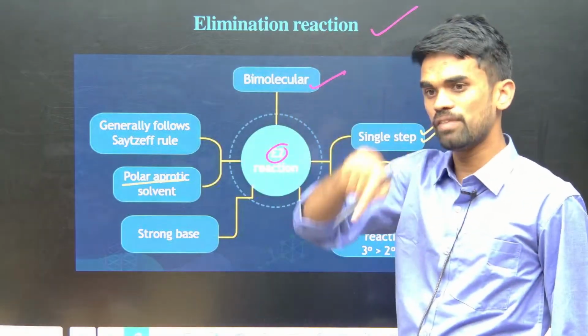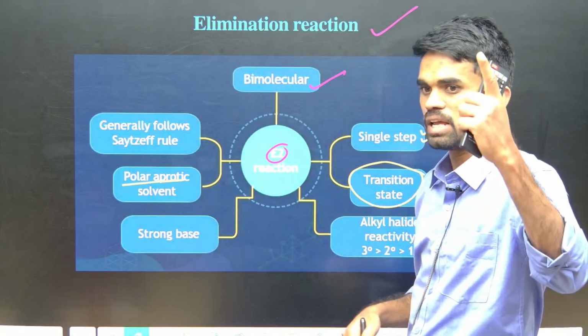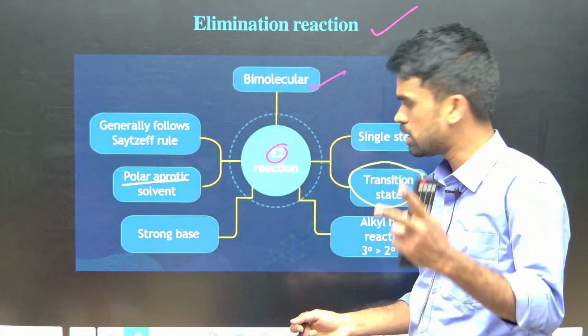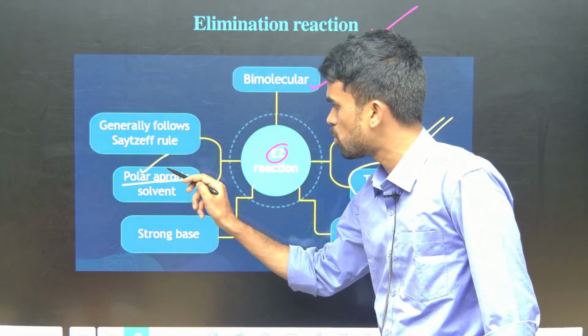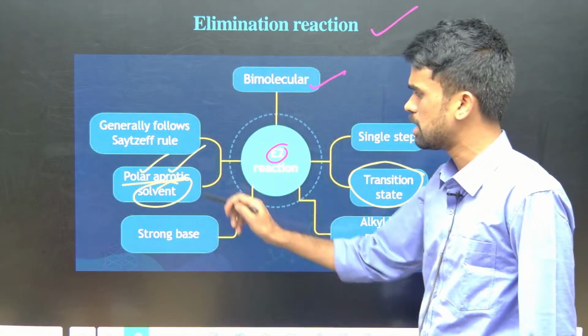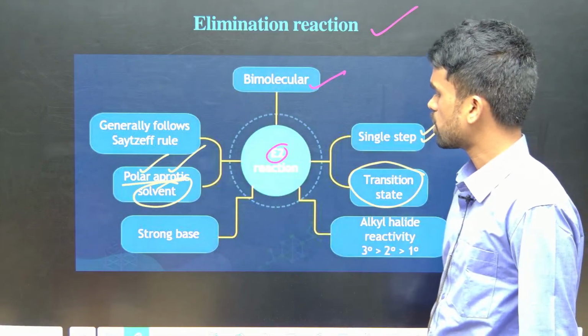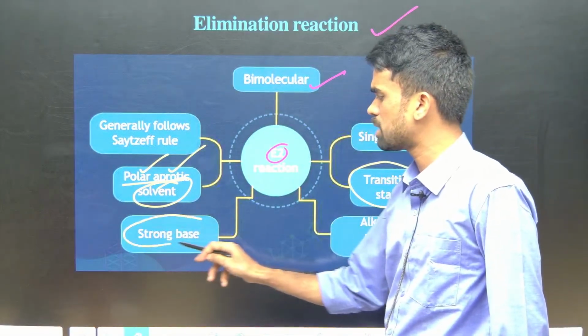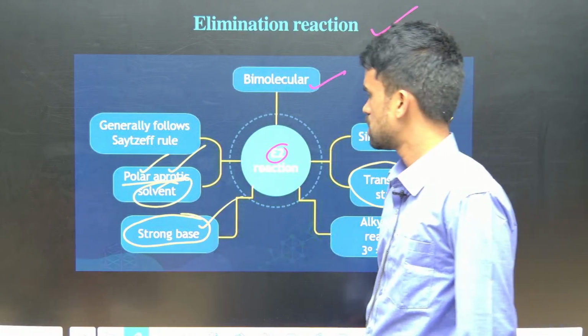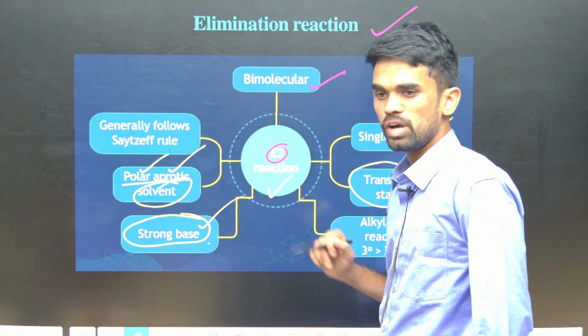Even the SN1 reaction is favored by polar protic solvents, but SN2 and E2 reactions are favored by polar aprotic solvents. Polar aprotic solvents favor E2 elimination. Here the rate of reaction depends on the concentration of base also, so we should take a strong base. A strong base favors E2 elimination.